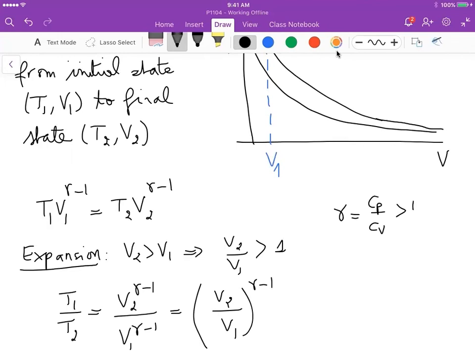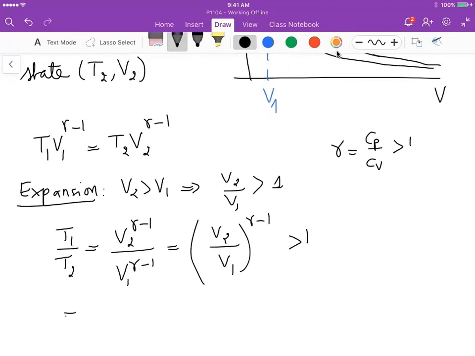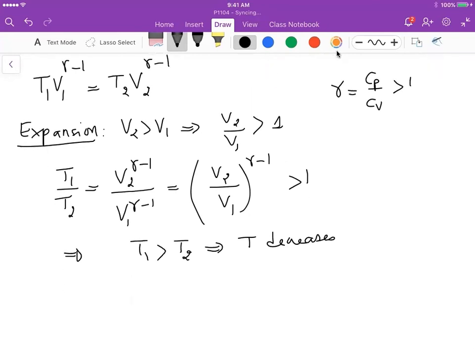So if we have a ratio already greater than 1 and a positive power, this means that this is always greater than 1. And that allows us to say that T1 is larger than T2, which means that in this case, the temperature T decreases during an adiabatic expansion of an ideal gas.